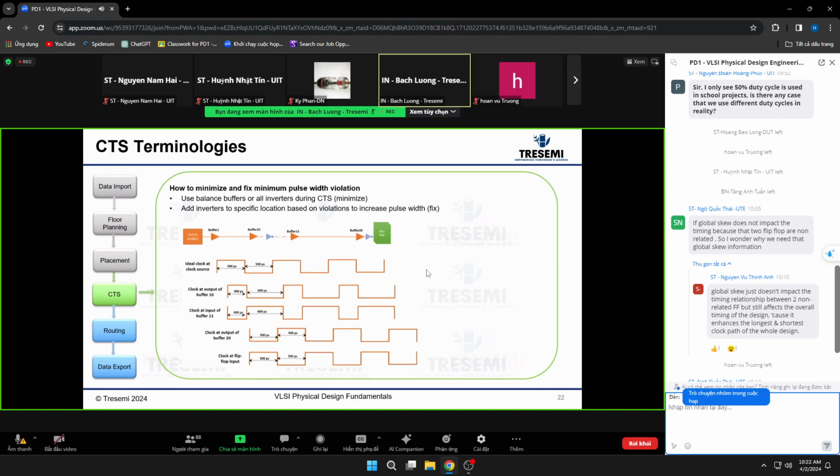I think that's what he's thinking. Unfortunately, that is probably true, it's easier to balance with fewer flops in your sync pins versus 100,000 for sure. If I can add to this, and this is a question from Ngô, Tai, and Hao, right?